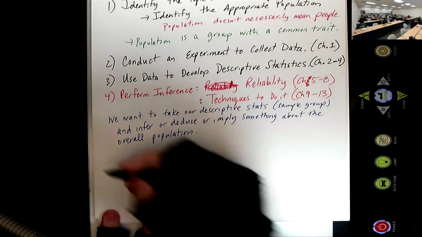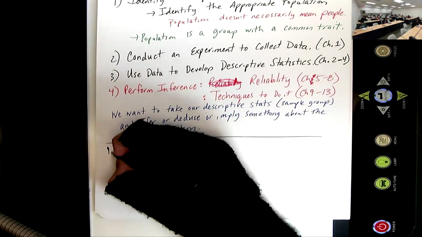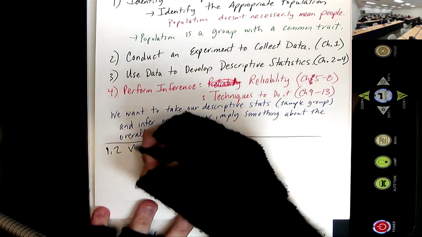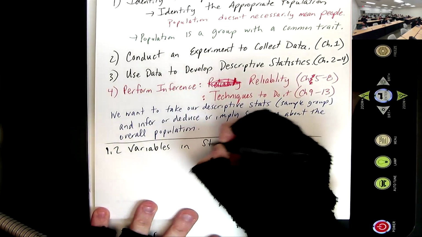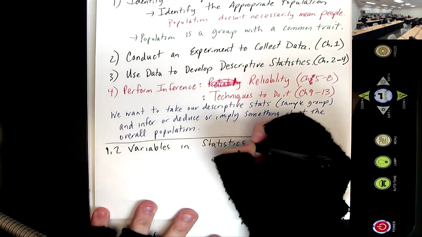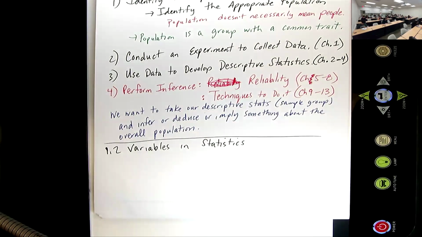One point that we just covered, 1.1, 1.2, is on variables in statistics. We have two main categories.